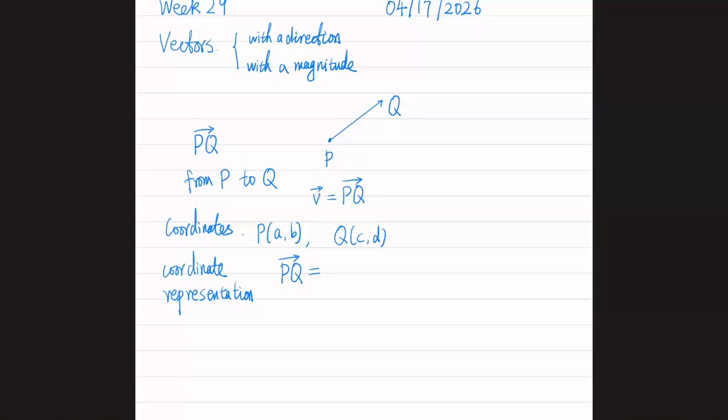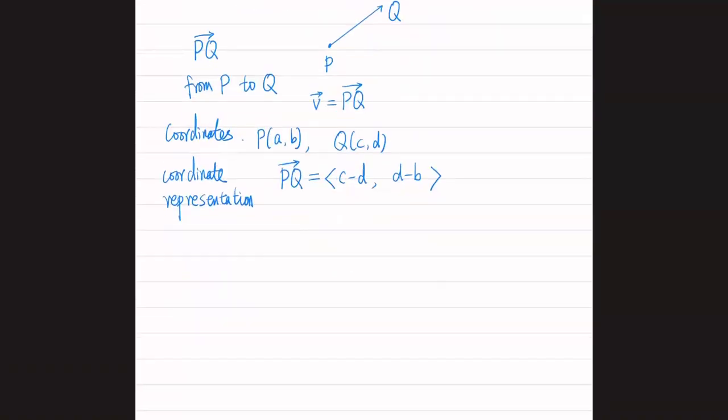We use this bracket. Vector is a displacement from P to Q. The first coordinate tells us how much the first variable changed, so it will be C minus A. Second coordinate, how much the second coordinate changed from B to D, so D minus B. Okay.